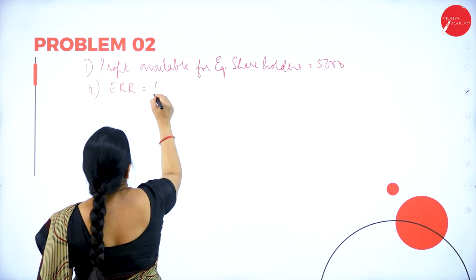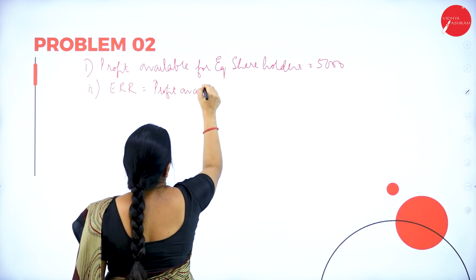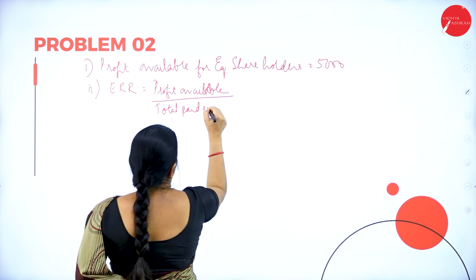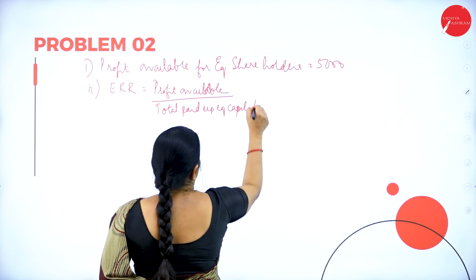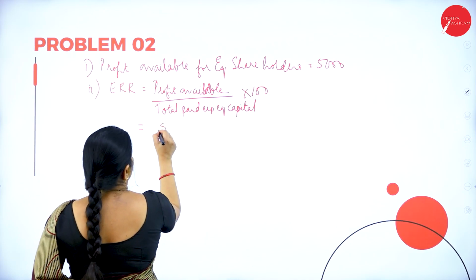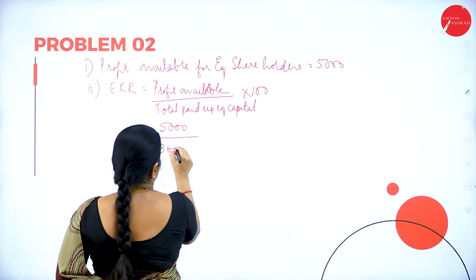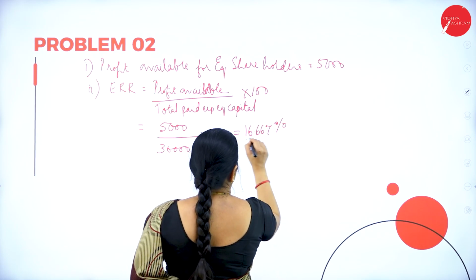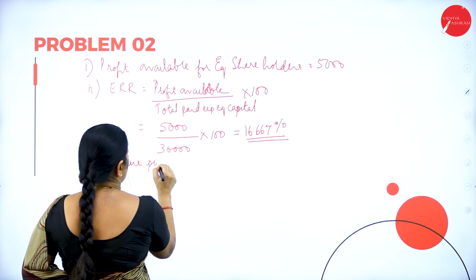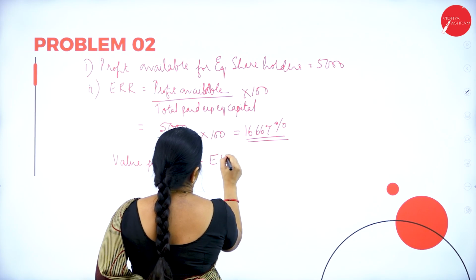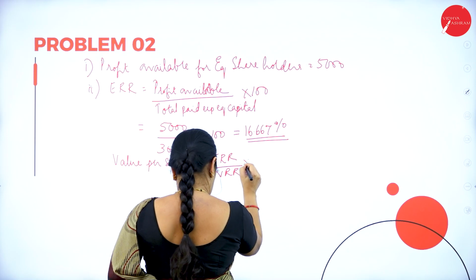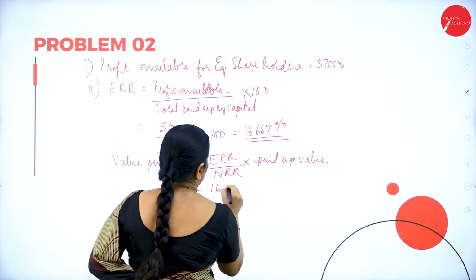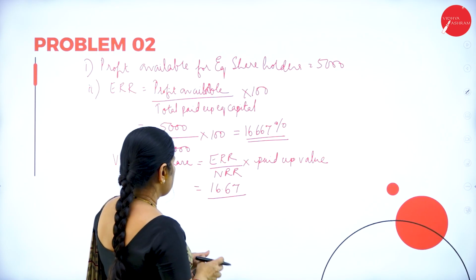ERR will be equal to... so the NRR is 8%.